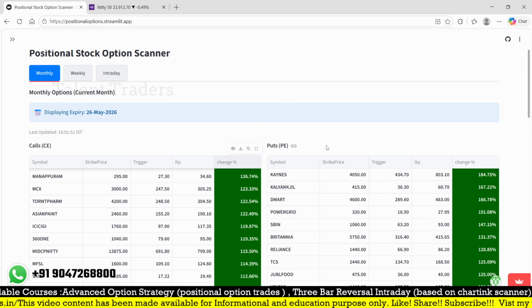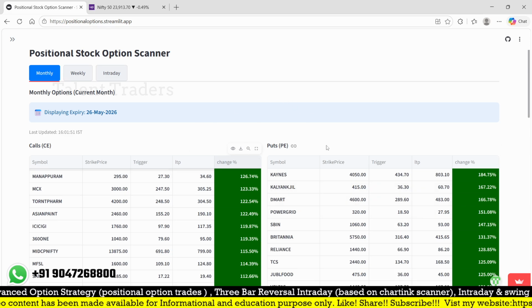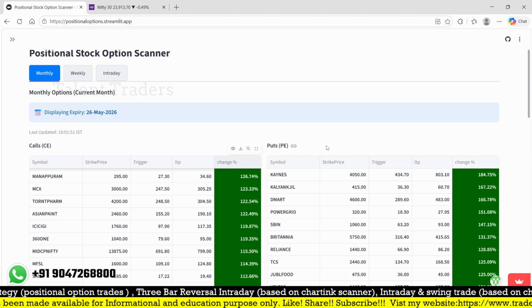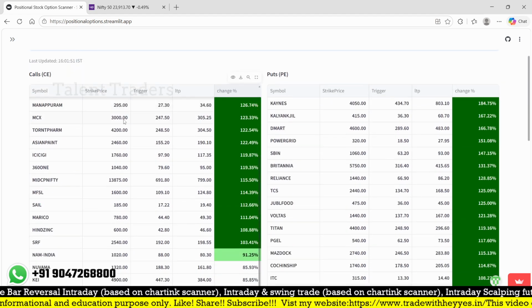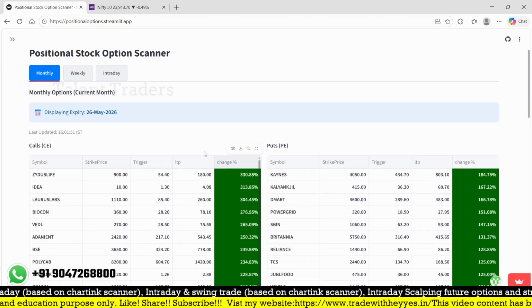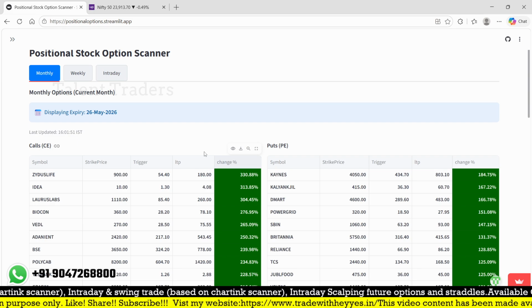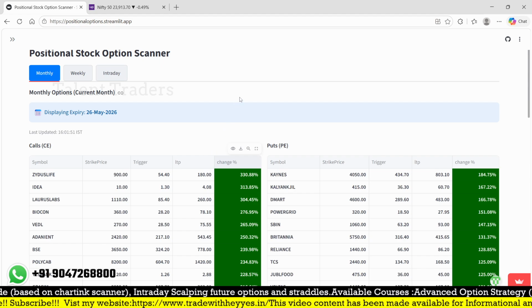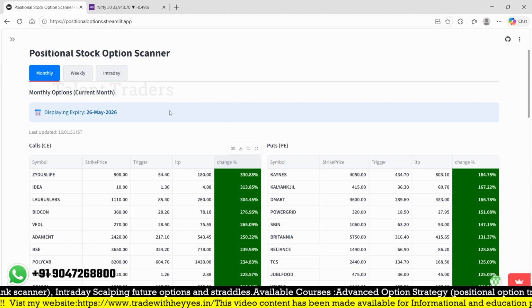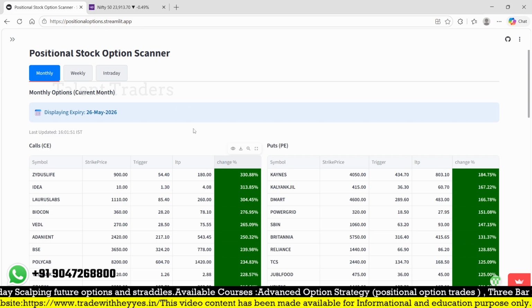So this is the monthly positional, and there is an important update on this month of May contract. Today is an expiry, so tomorrow we are not going to use this monthly sheet. Every month we start using our monthly positional sheet from the first of the month, but we are going to update the June series from tomorrow onwards.